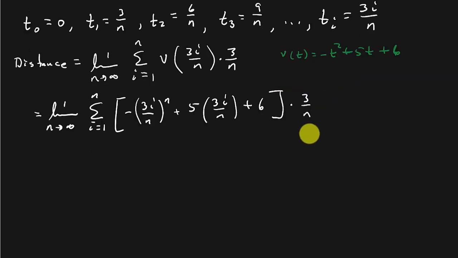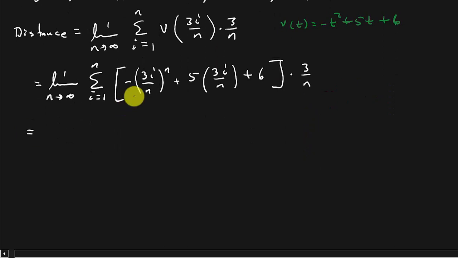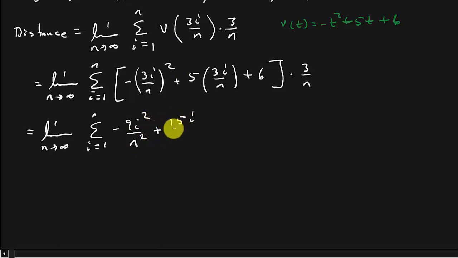All right, so now it's just a matter of simplifying this thing. So I've got the limit as n goes to infinity, sum i equals 1 to n of, what is that, negative 9i squared over, well, that's a squared, over n squared plus 15i over n plus 6, and that is all times 3 over n.